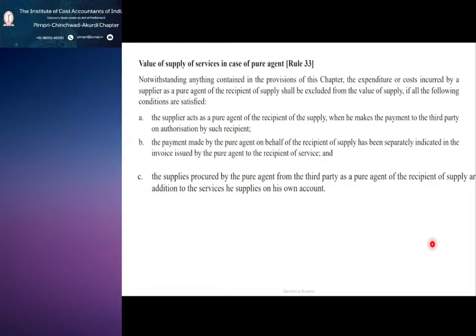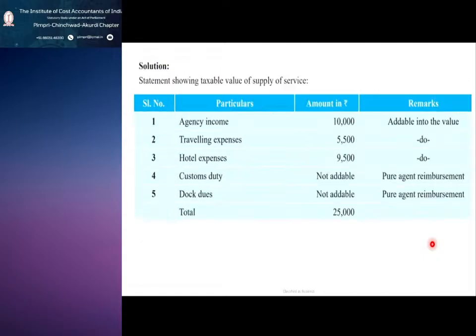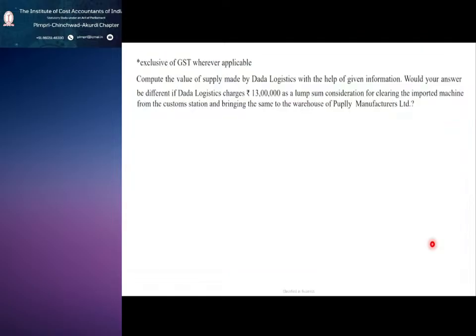He should have separately mentioned it in the invoice. If he raises an invoice mentioning 13 lakhs as a lump sum consideration, my agency fee is 13 lakhs for such and such import of machines, then he is not a pure agent. So this is the difference.